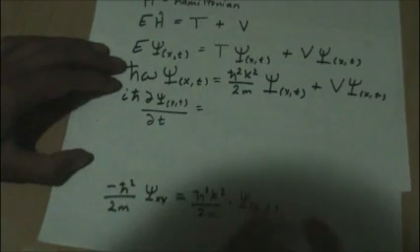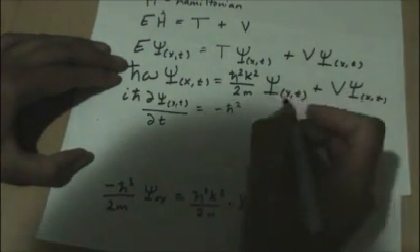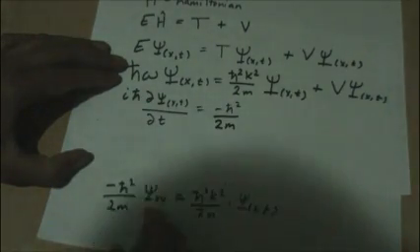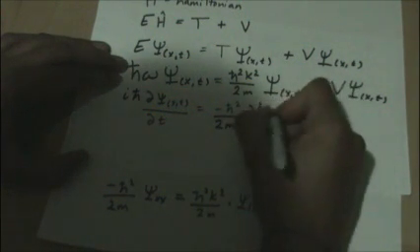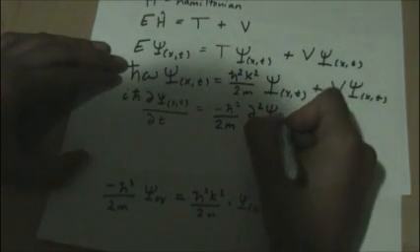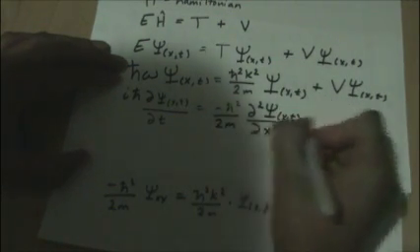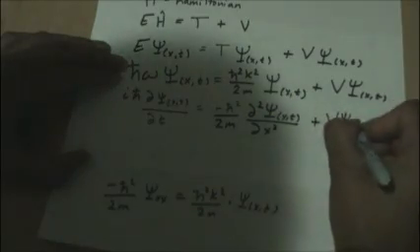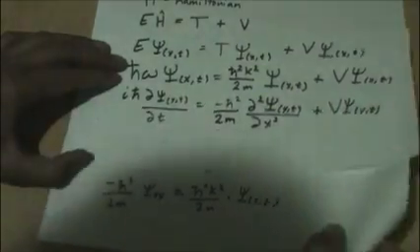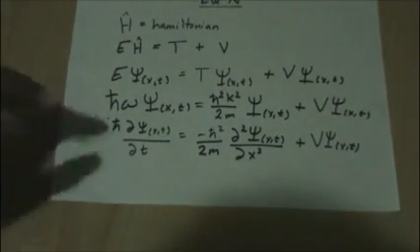I'm going to sub it in right there, negative h bar squared over 2m, and similarly I'm going to write that in its normal partial derivative form, the second derivative of psi, and I'm just going to leave that there as V psi of x comma t. And lo and behold, that, my friends, is the Schrodinger equation.